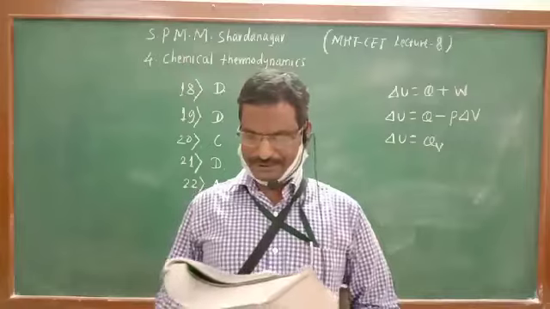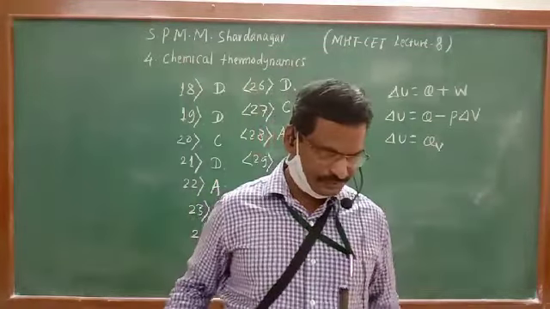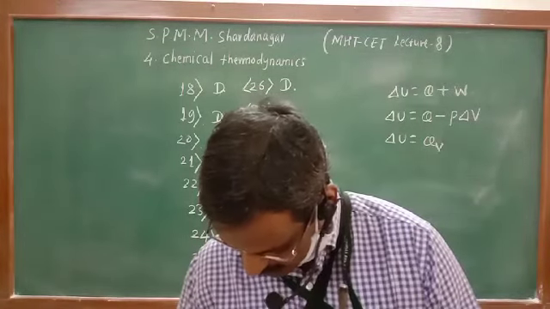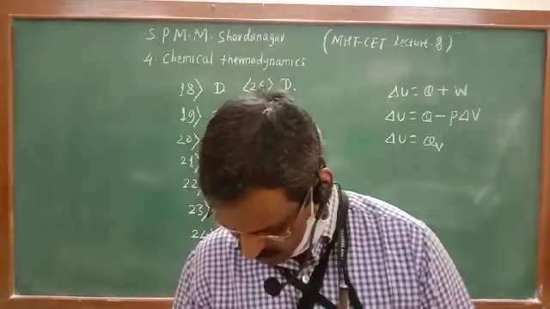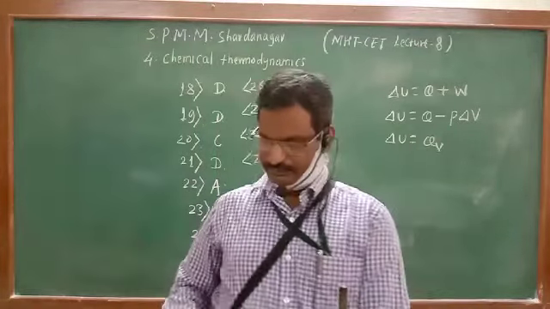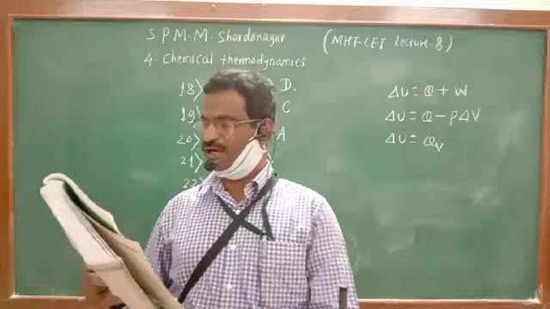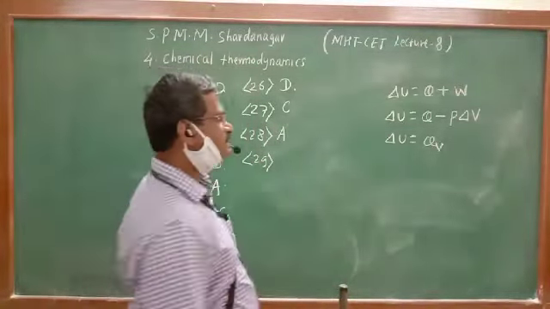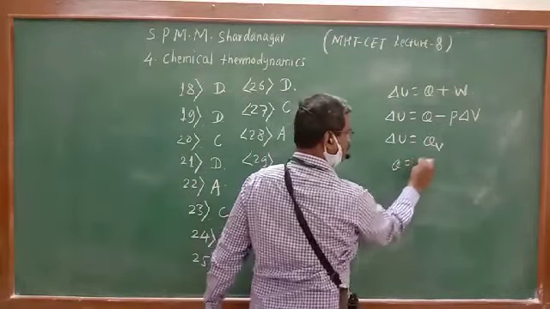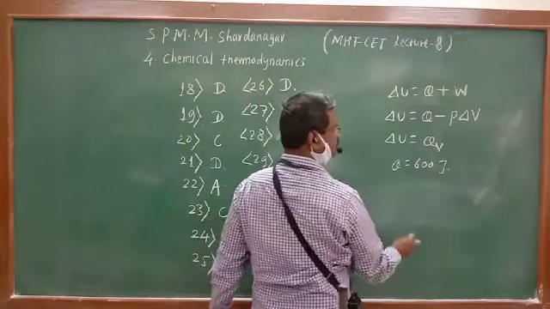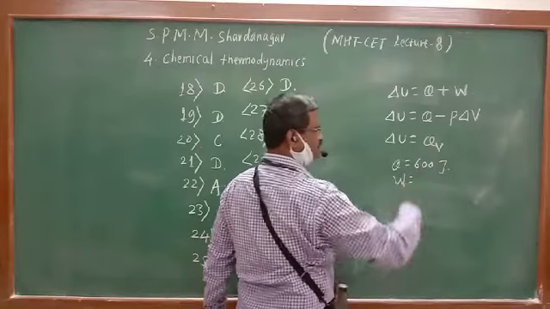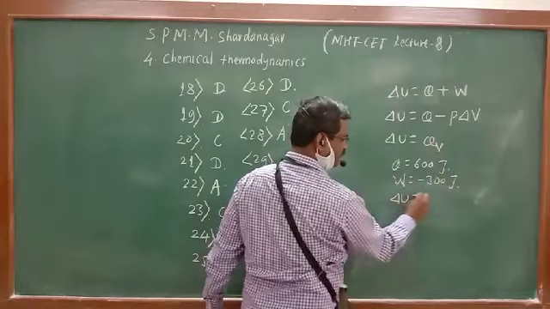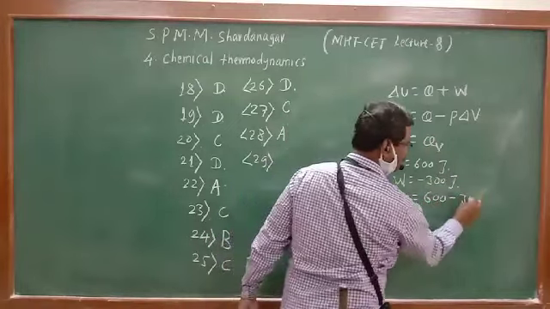Now question number 29. A system absorbs 600 joule of heat and does work equivalent to 300 joule on its surrounding. Change in internal energy? Very simple. System absorbs Q of 600 joule. It does the work of expansion, system to surrounding, meaning minus 300 joule. So calculate the change in internal energy: 600 minus 300.